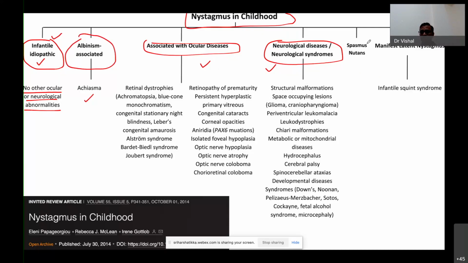Spasmus nutans is another variety of nystagmus seen in childhood, and another variety is called manifest latent nystagmus syndrome. So this is primarily related to pediatric neurology. These are the varieties of nystagmus which are seen in childhood, and we can see these patients in the adulthood, and they can create a diagnostic dilemma if they present with some other neurological disorder.